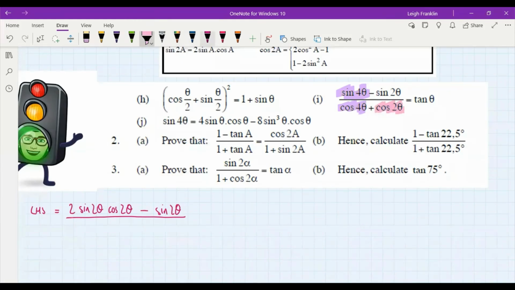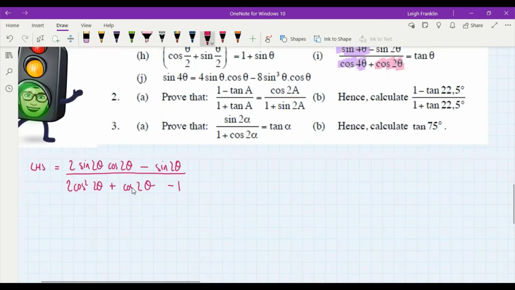So the best thing for you to do is to write that cos 4 theta as 2 cos squared 2 theta minus 1. And then we're going to pop that plus cos 2 theta in the middle. Can you see how similar this is to what we were talking about previously?